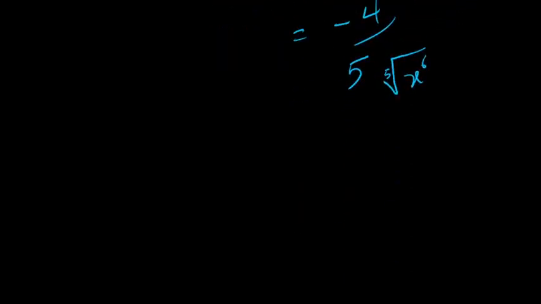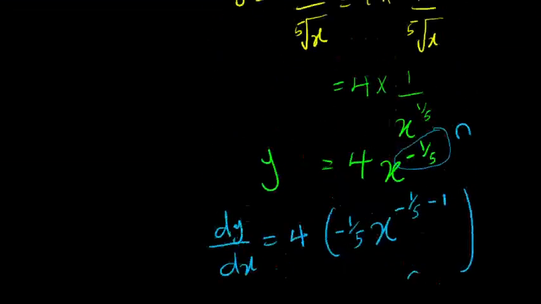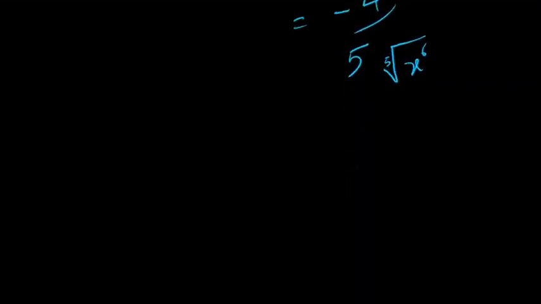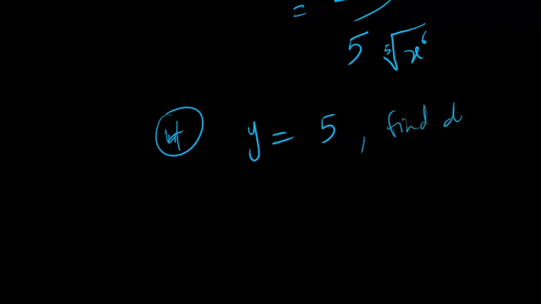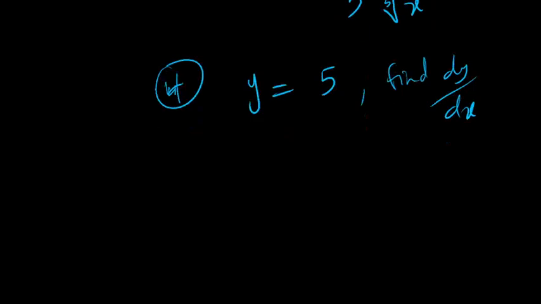Now, what is number 4? Let's say we are given y is equal to 5, ordinary 5, and we have to find dy dx. 5 doesn't have any x. So how are we going to apply the standard on it?